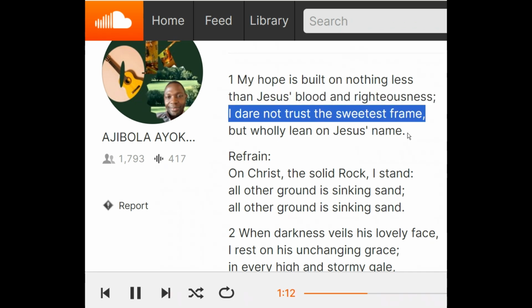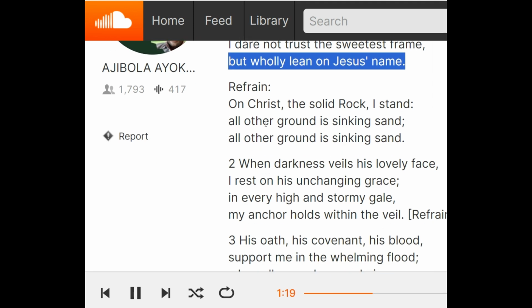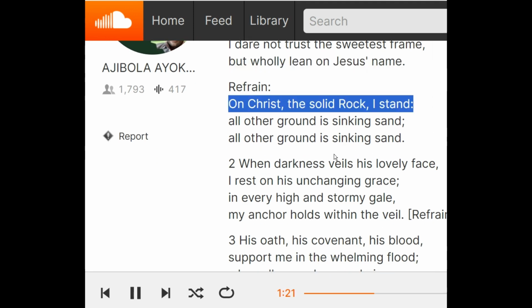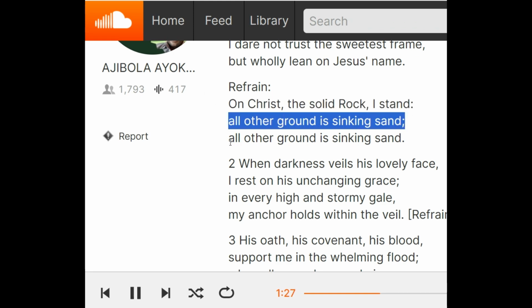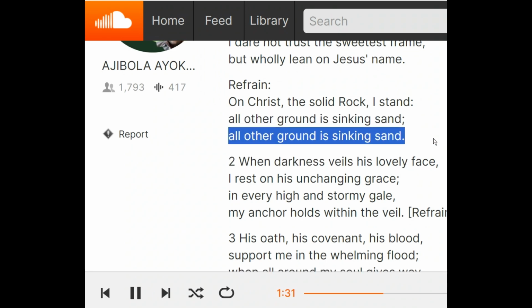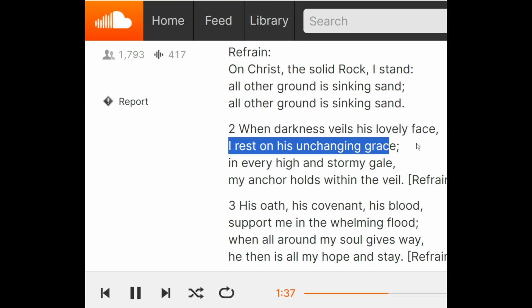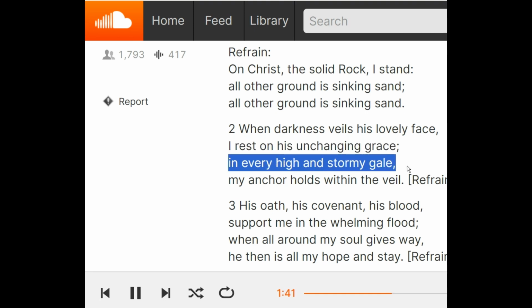I dare not trust the sweetest frame, but wholly lean on Jesus' name. On Christ the solid rock I stand. All other ground is sinking sand. When darkness veils his lovely face, I rest on his unchanging grace.